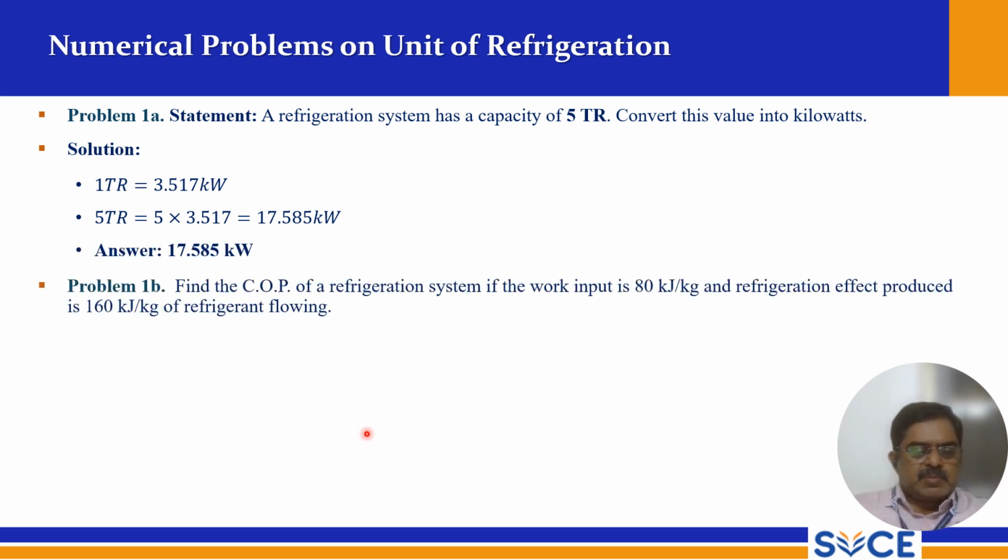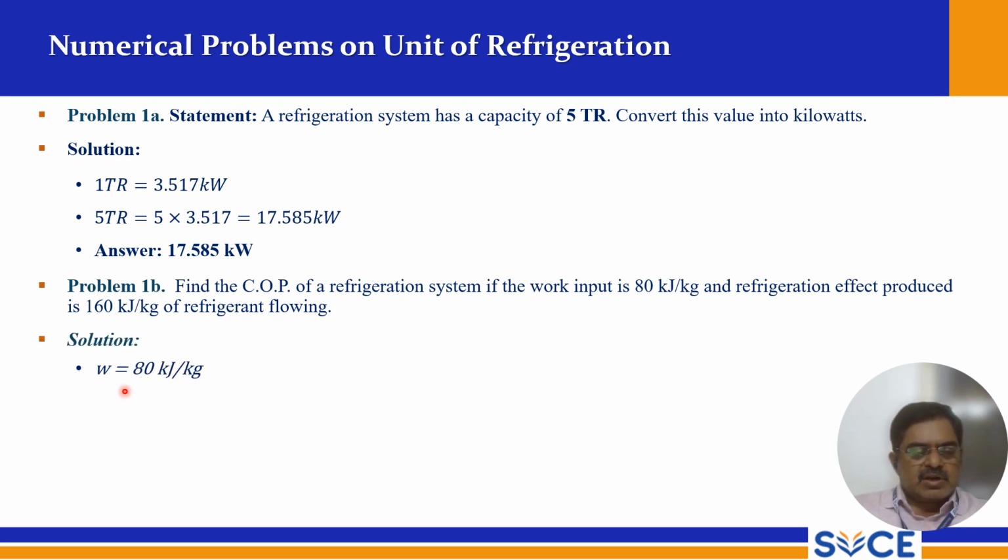Next problem: find the COP of a refrigeration system if the work input is 80 kilojoules per kg and the refrigeration effect produced is 160 kilojoules per kg of refrigerant flowing. It is again a very simple problem, so we can easily calculate this.